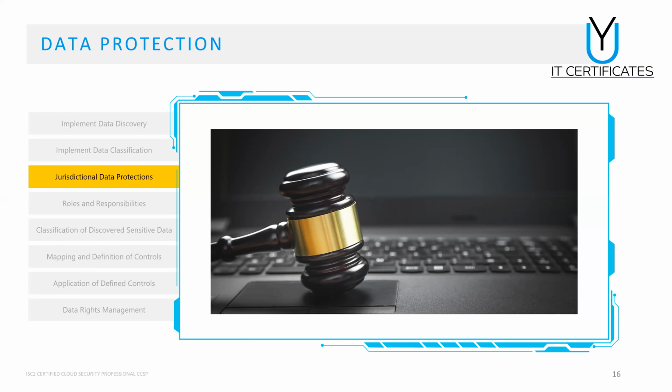For example, if I have a data center based in Europe, then it is very important to take the GDPR law into consideration. And if it's based in the USA, then I have to apply NIST SP 800-53 or 800 or whatever.